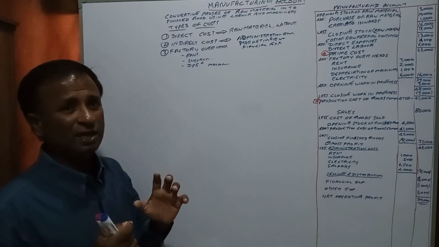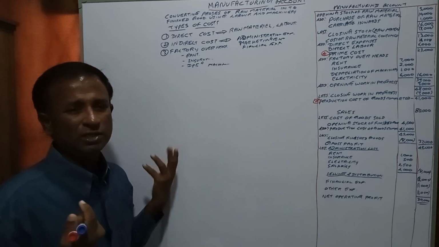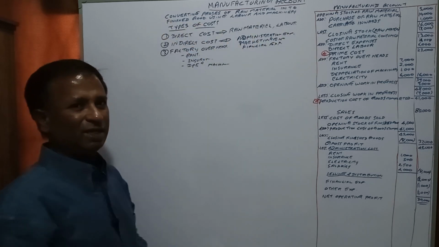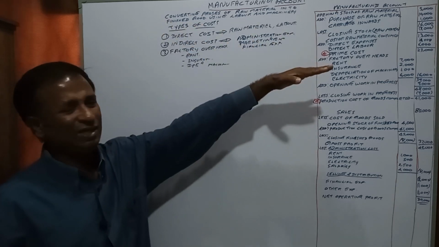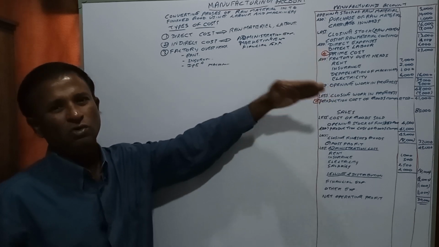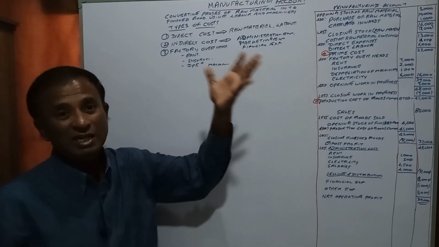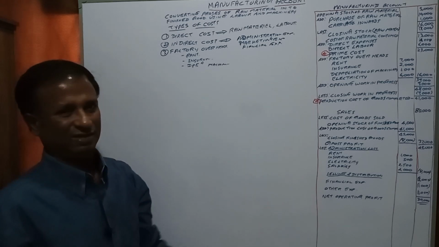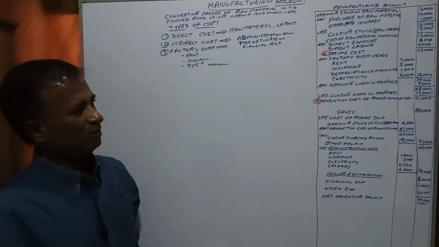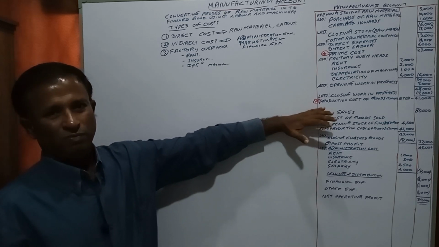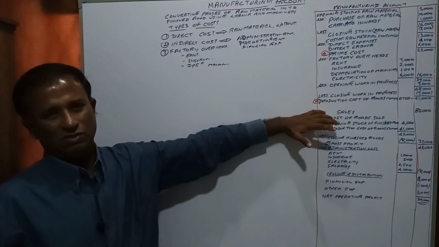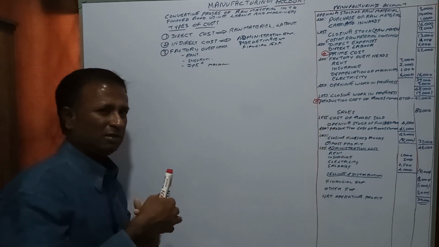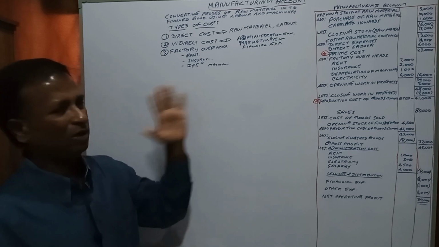Their salaries have to be charged. Where can you charge them? You cannot charge them to the production, because they are not directly involved in the production. They are involved indirectly with the product, not directly connected with the production process.